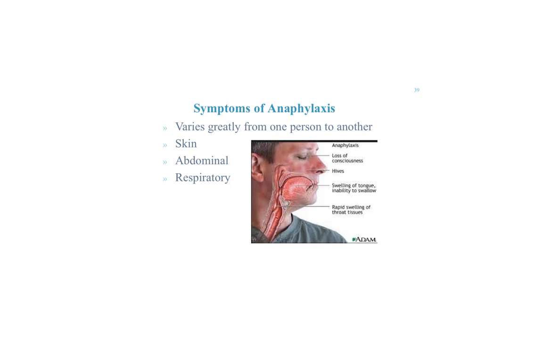Okay, so symptoms. So first of all, this usually happens on the second exposure. And that's because the first time that your body has it, it realizes it doesn't like it and it starts to build antibodies against it. And those antibodies are attached to the mast cells.